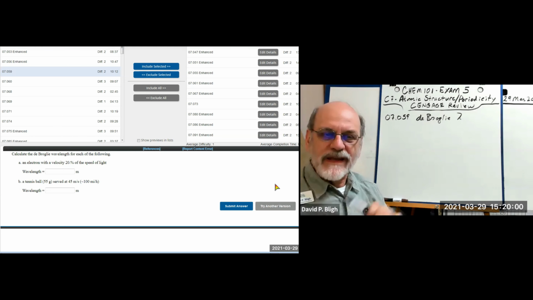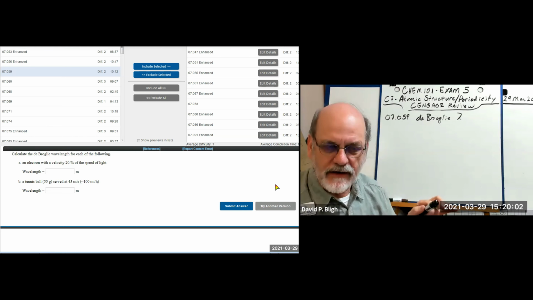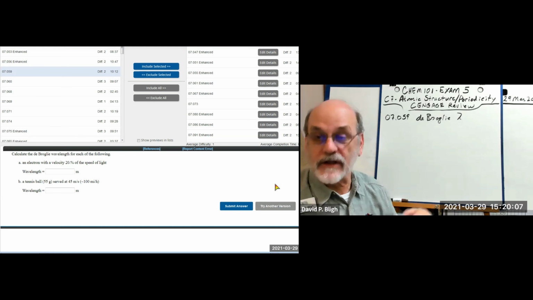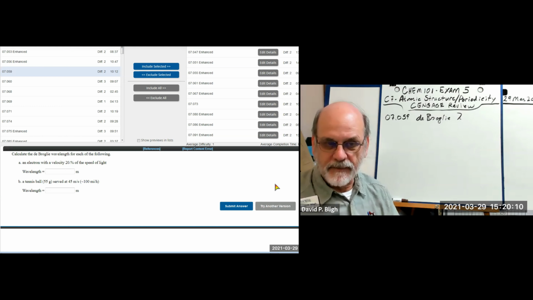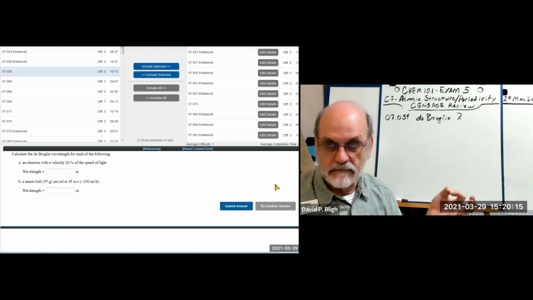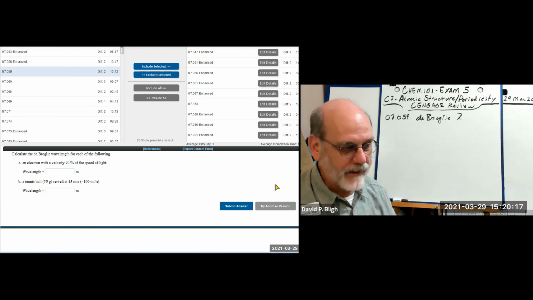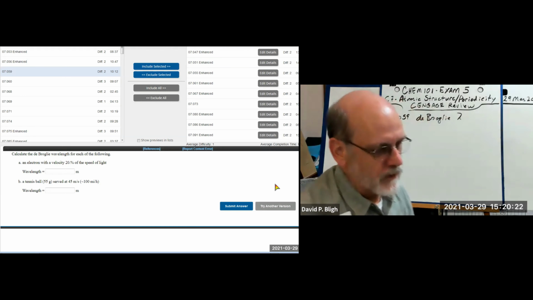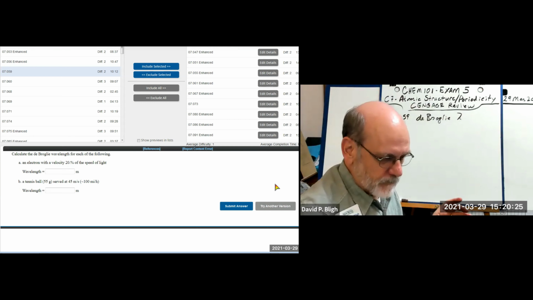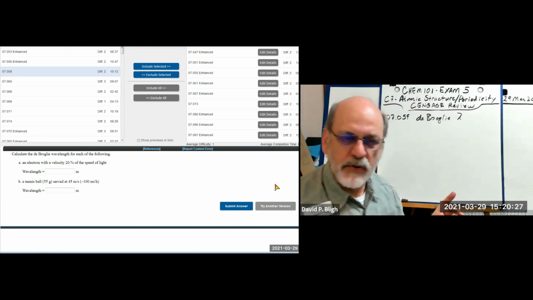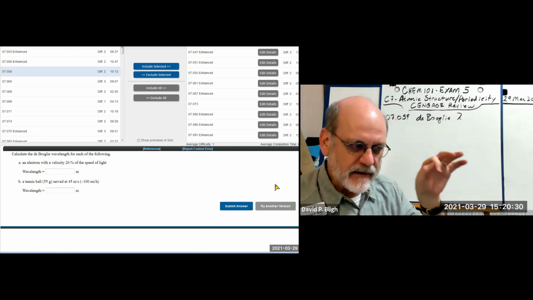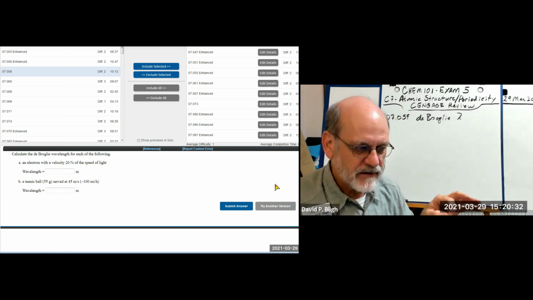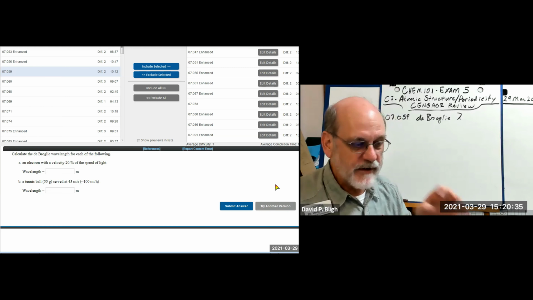All right, so we need some way to calculate wavelength based on velocity and mass. I'm going to get my ducks in a row here. We can put Einstein and Planck together to give us this wavelength.